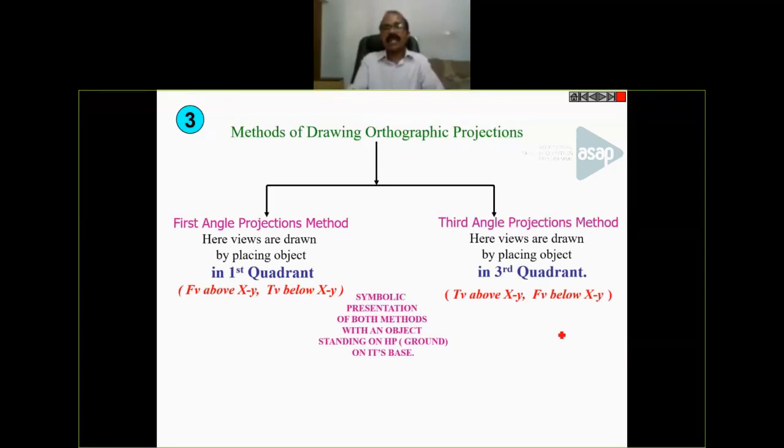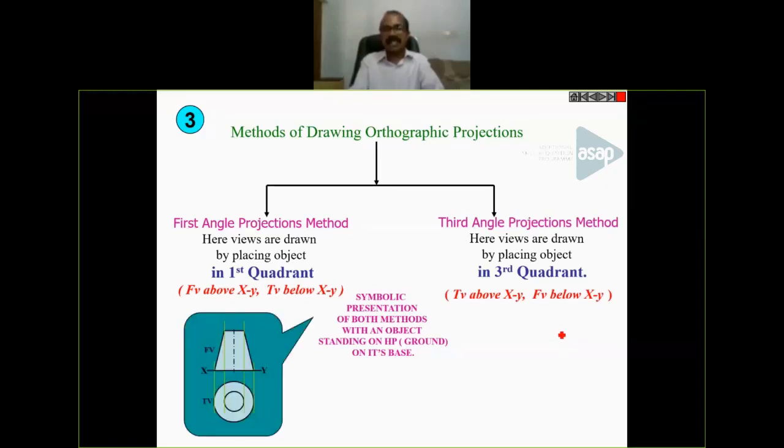You first imagine a cone standing on the horizontal plane, and the bottom half of the cone, which we call the frustum of a cone. So that is the general notation. In drawing sheets, you can see the notation of first angle and third angle.